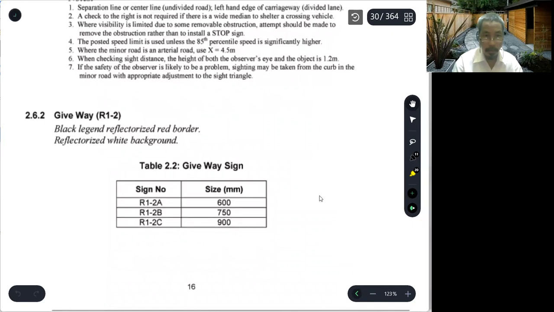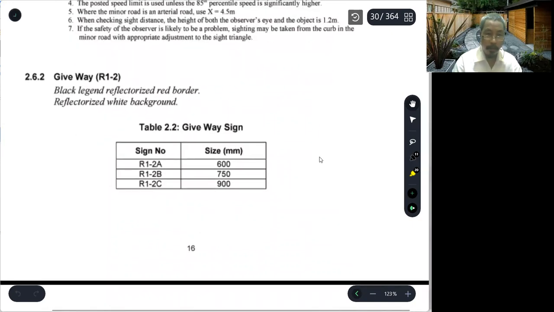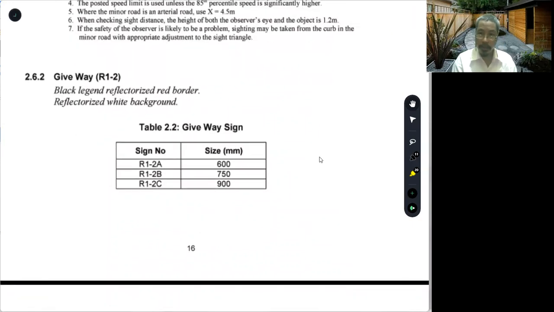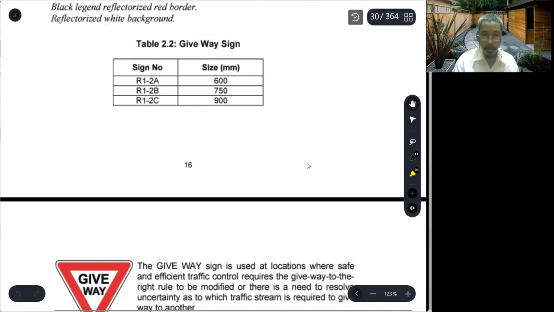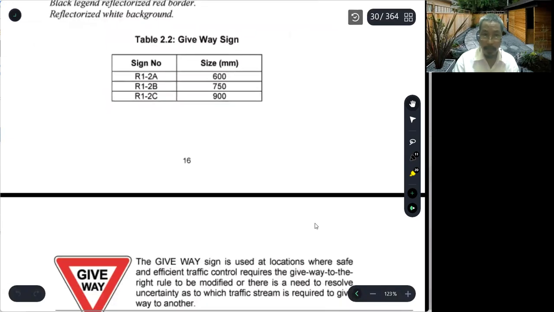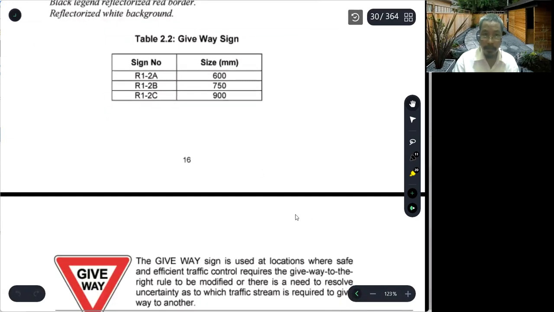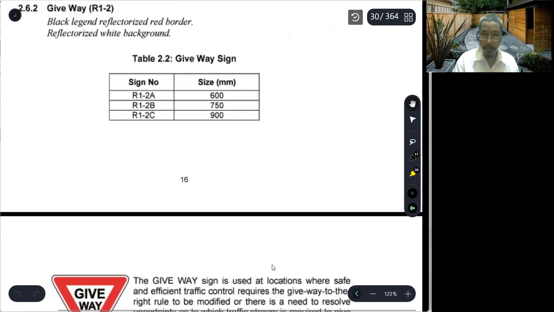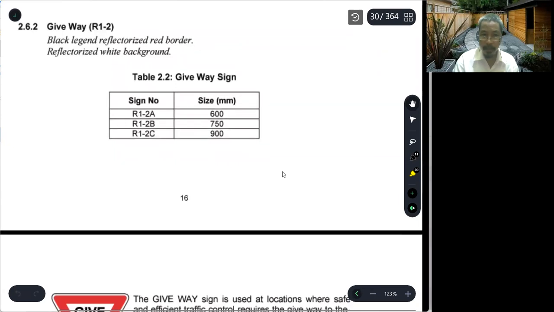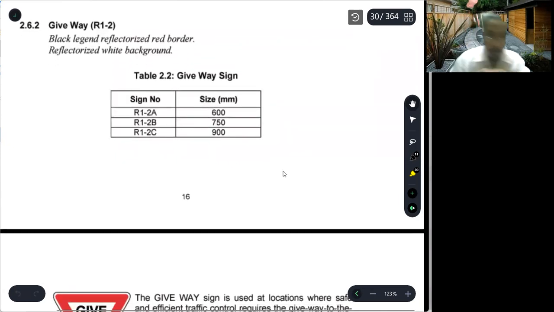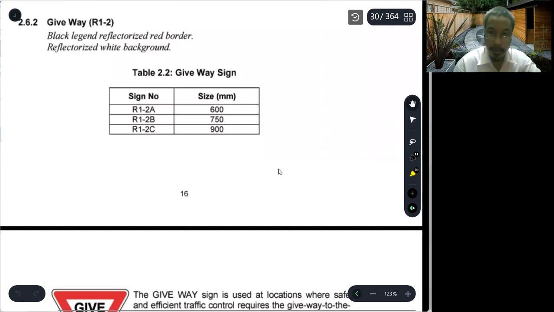And number 2, the priority regulatory sign is give way. R1-2, black legend, reflectorized border, reflectorized white background. Again, we have 3 types, A, B, C. But take note here, this is an inverted triangle, so size is in mm: 600, 750, 900.